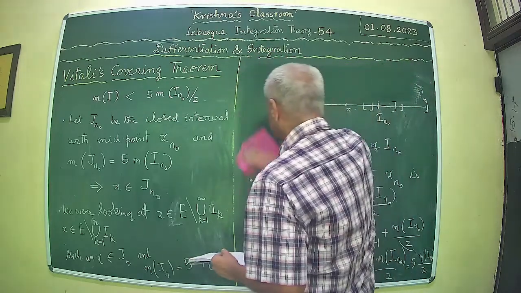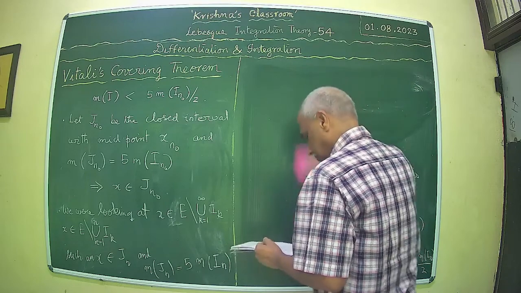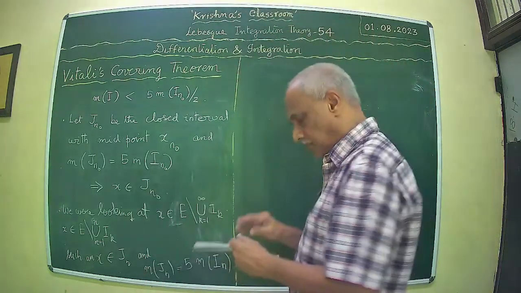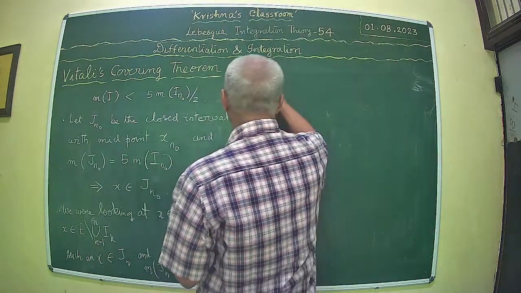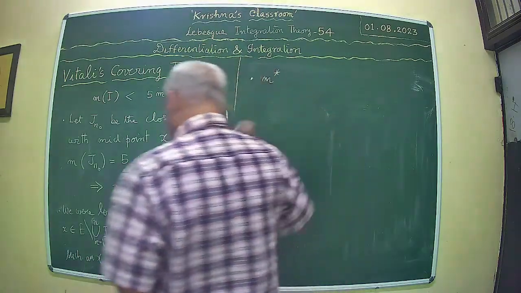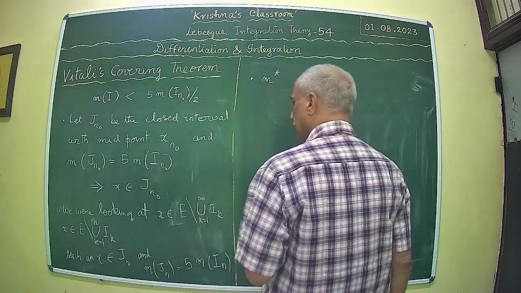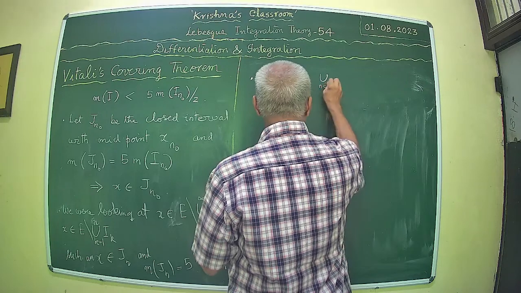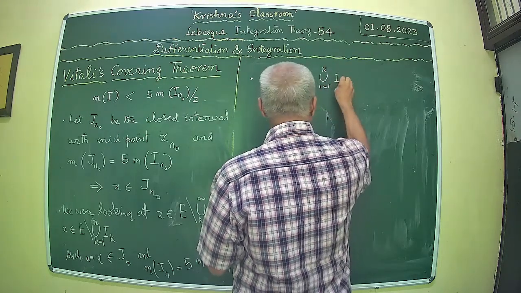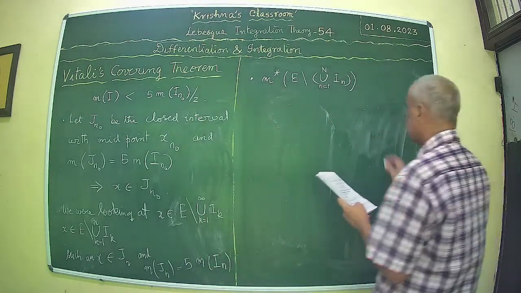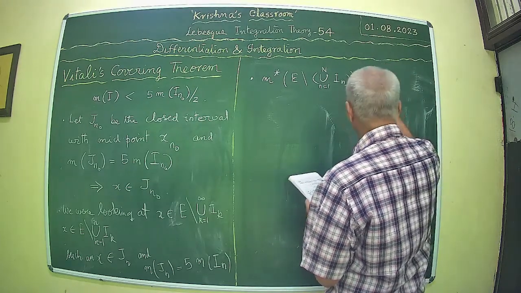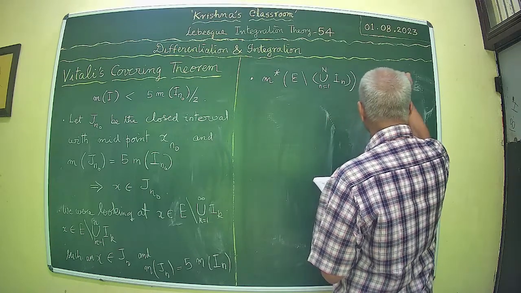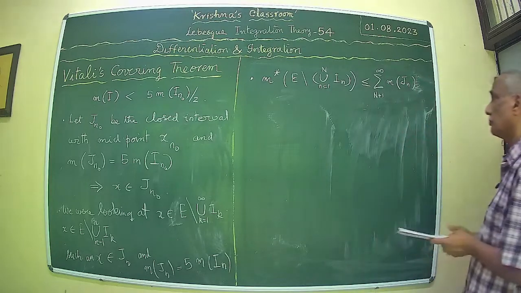Now let us work on this. Therefore, what we have is m star of this set is less than or equal to sigma n plus 1 to infinity of J n.